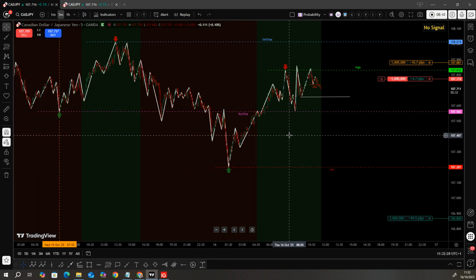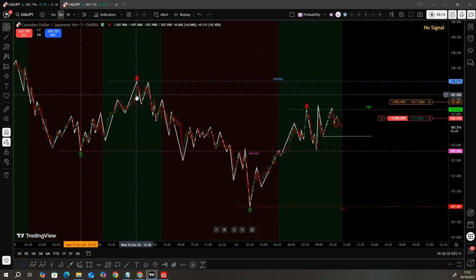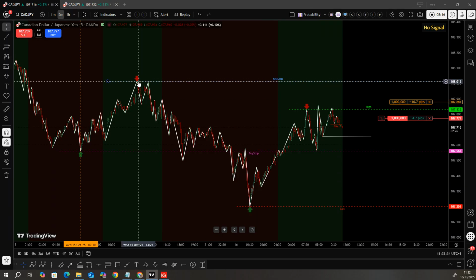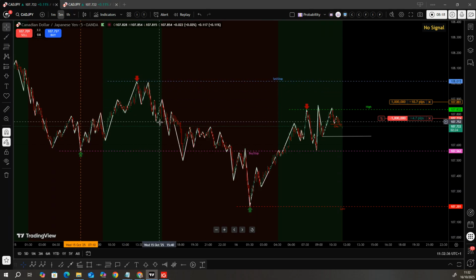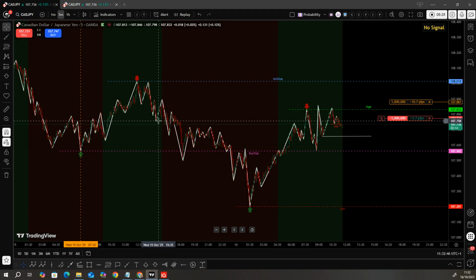And this is how the waves are formed. If we look at this here, when this becomes a high, we had a break there and the break low here.